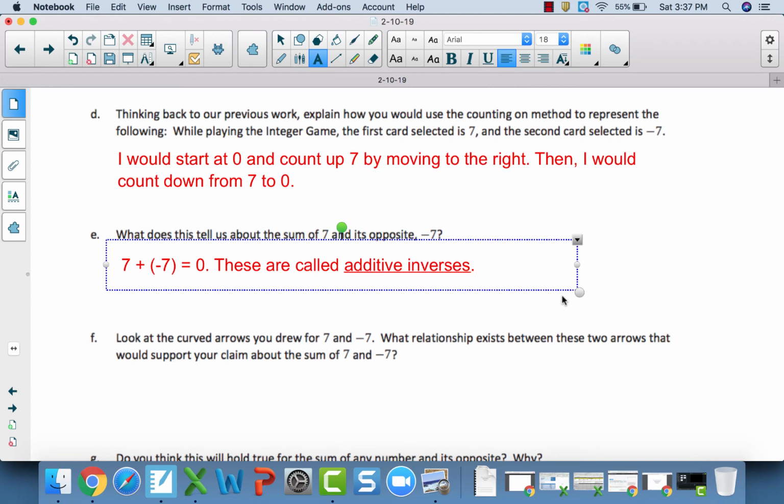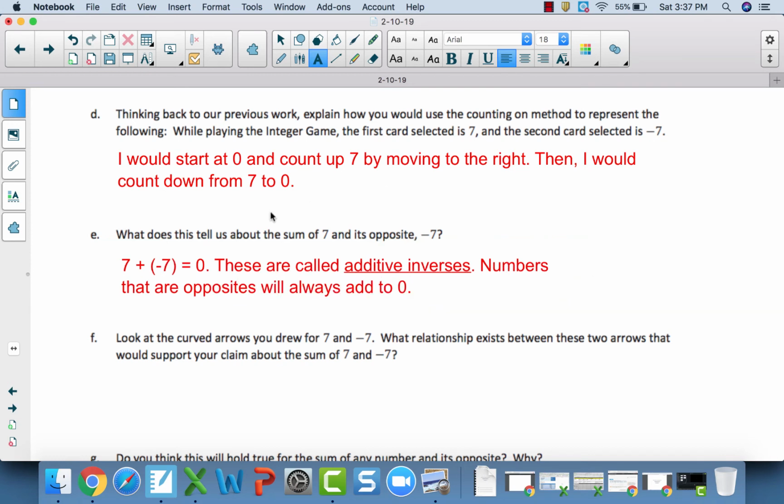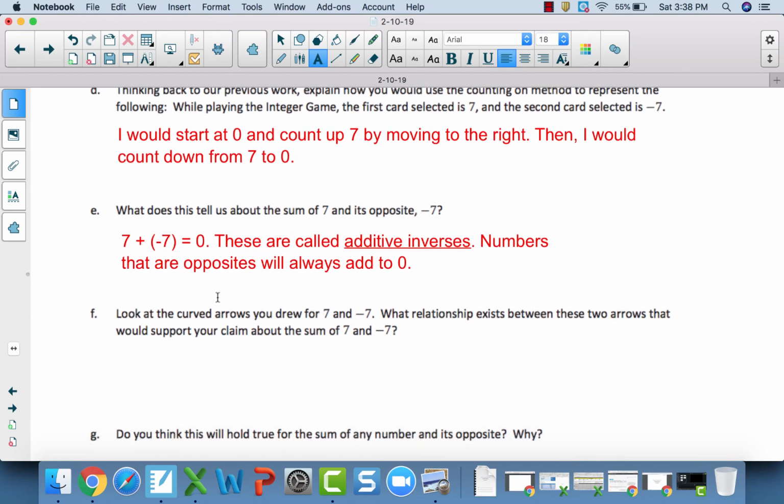Okay? Numbers that are opposites will always add to 0. This is the term additive inverses that we're looking for through this lesson. The sum of 7 and its opposite will always get 0. Additive inverses get 0. So 2 and -2, 4 and -4, so on and so forth.